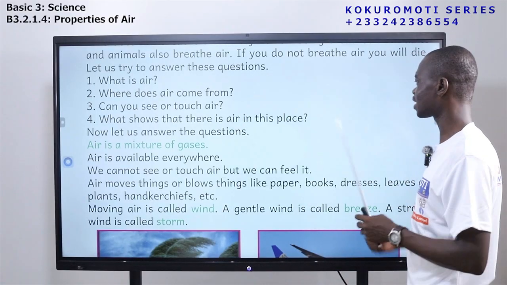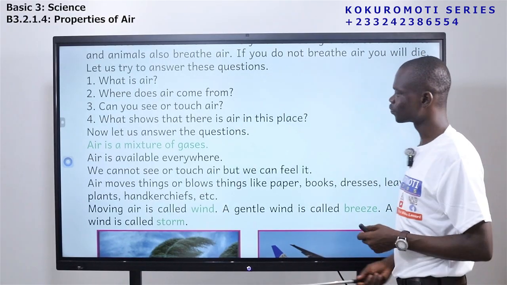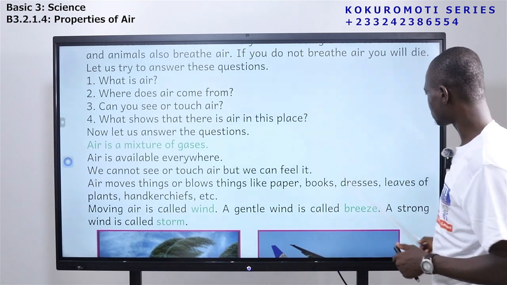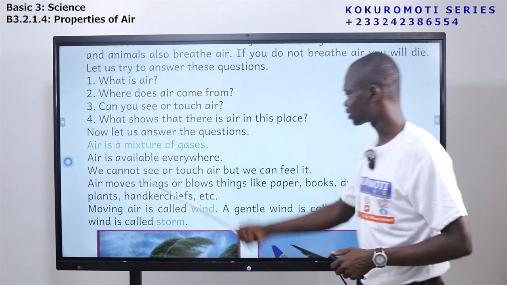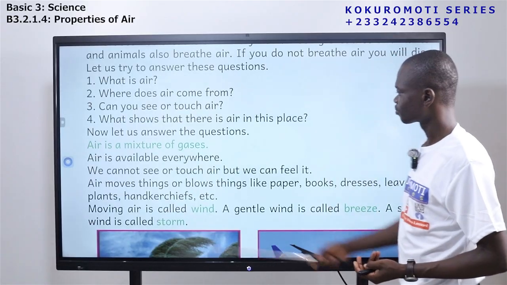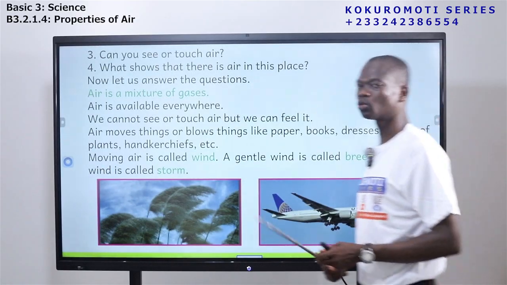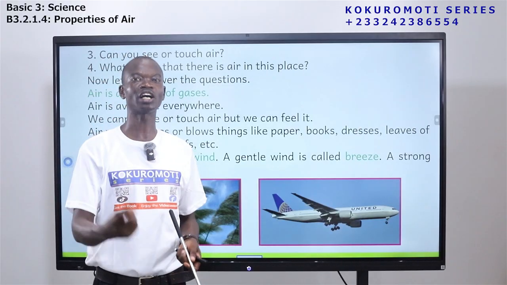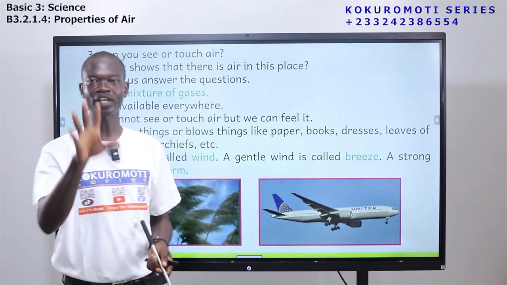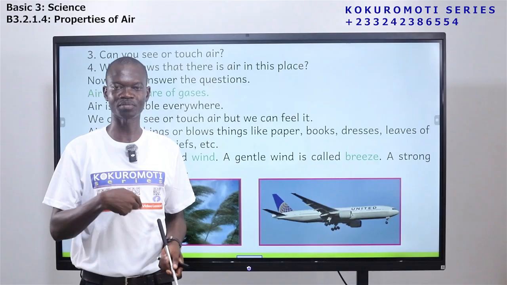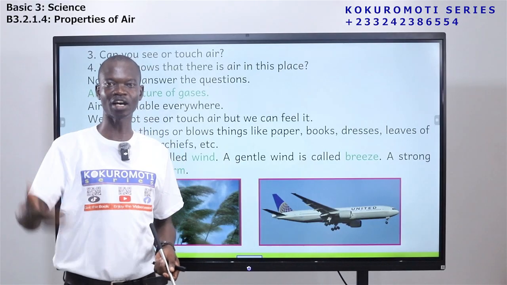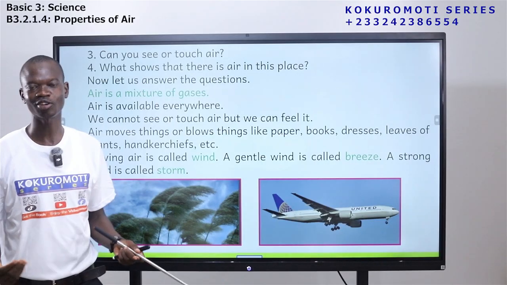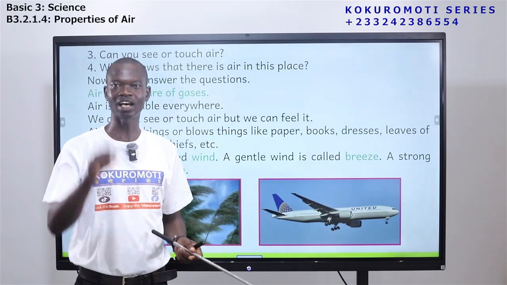Let's look at the next question: what shows that there is air in this place? Air moves or blows things like paper, books, dresses, leaves of plants, handkerchiefs, and the rest. What you breathe in and what you breathe out shows that there is air, because if there is no air, you cannot breathe in something. The air that is outside is what you breathe in. That is a sign that there is air where you are.